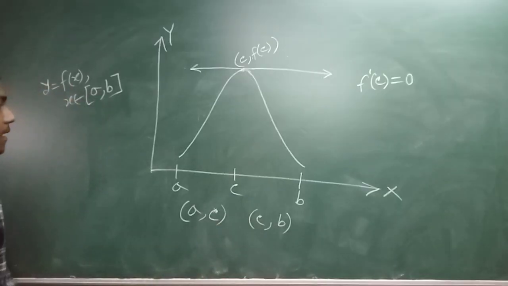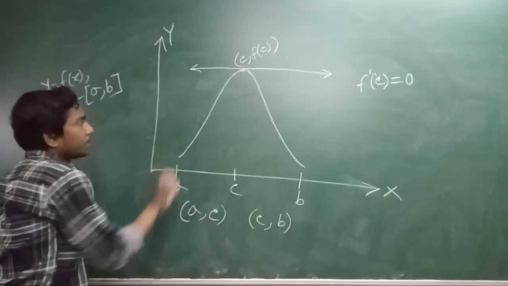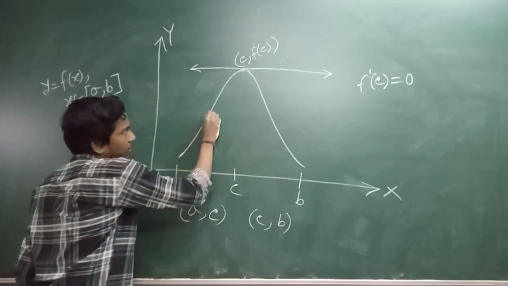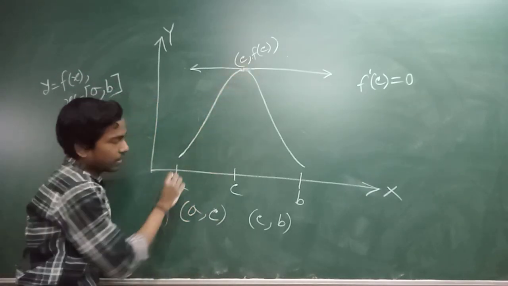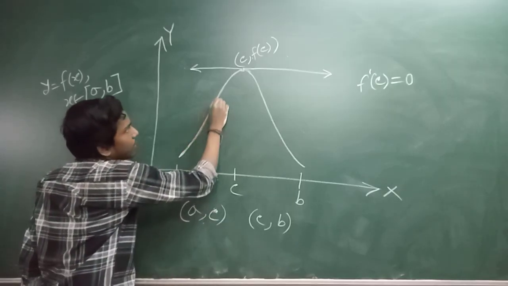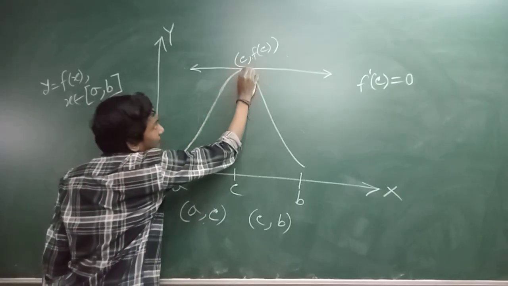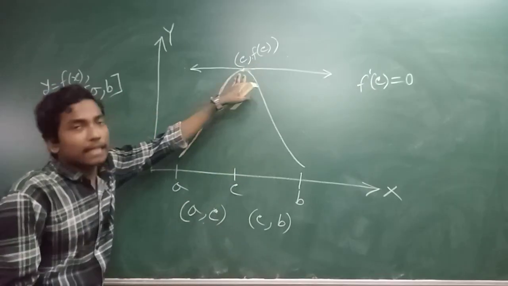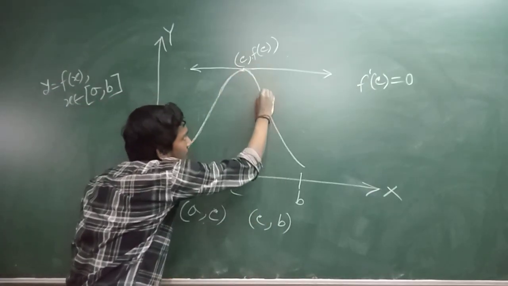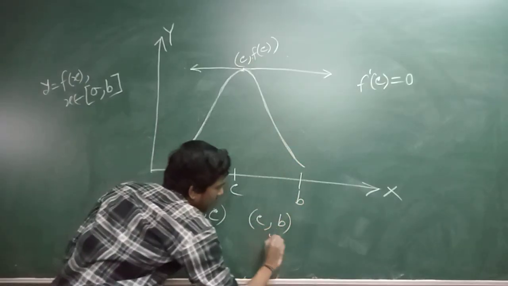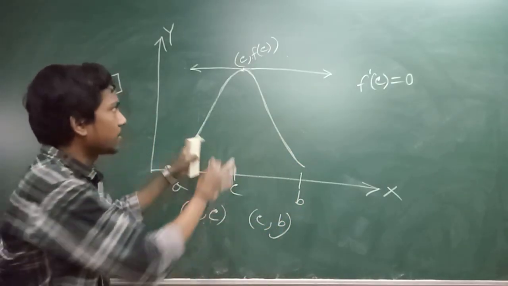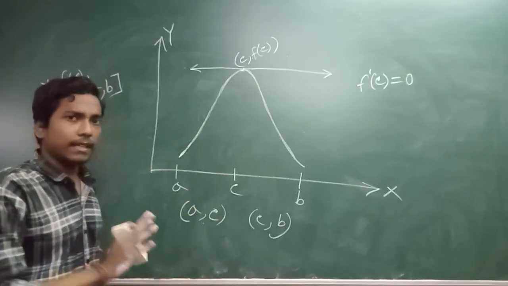Now by physical interpretation we can say that the function is gradually increasing in open interval (a, c). It is increasing, and at point C, the function attains its maximum value. But after point C, the function is gradually decreasing in this interval. This is clear from the graph.